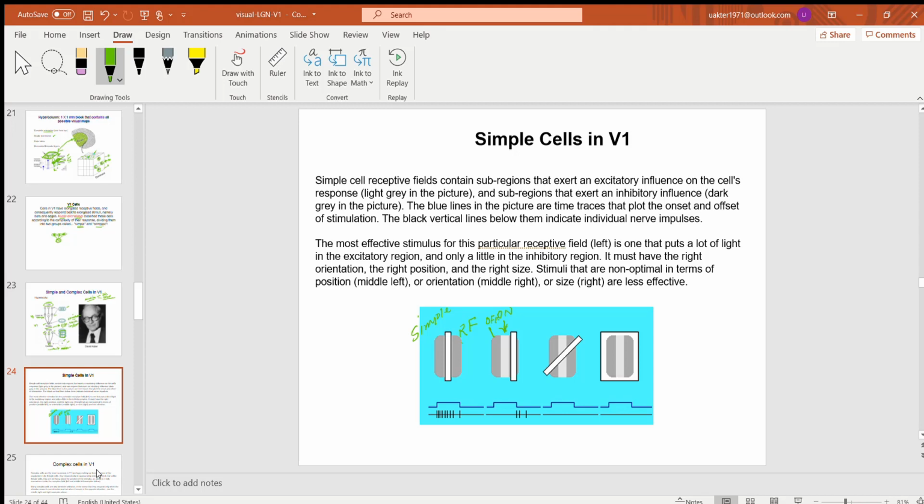Now if you present a bar stimulus, this is the bar that falls precisely on the center, then that will excite the simple cell strongly, because the on center is activated. Now if you move that bar to the side, now the bar is on the off surround, right? So what will happen? Inhibition. You don't see any response here.